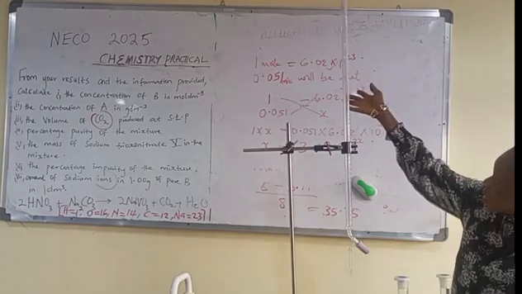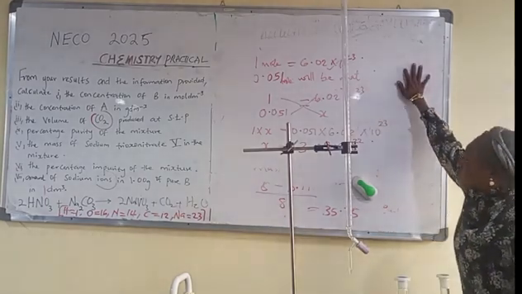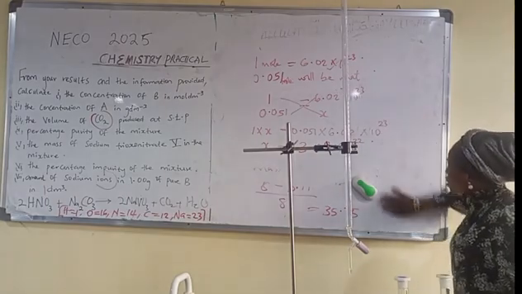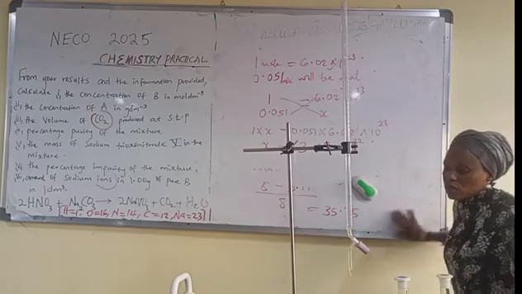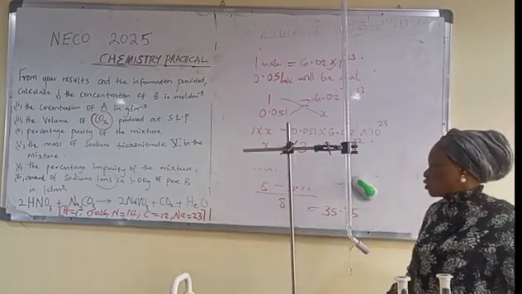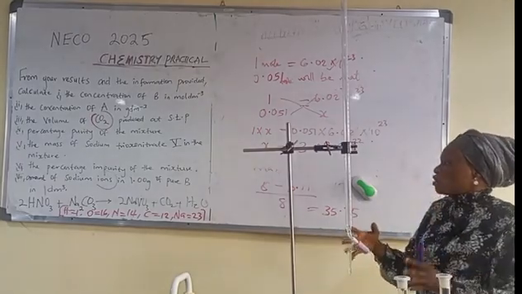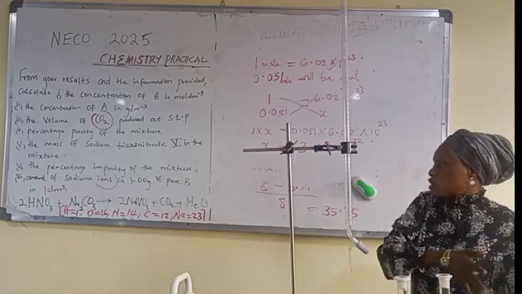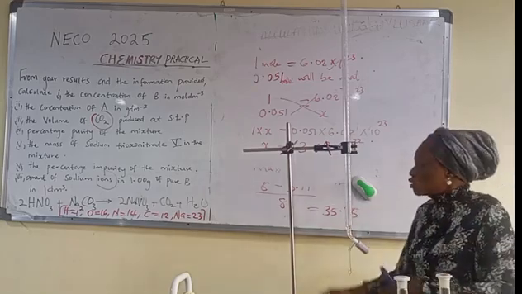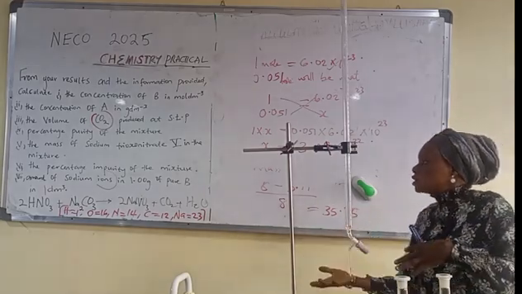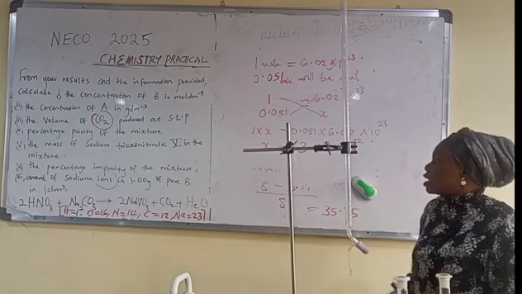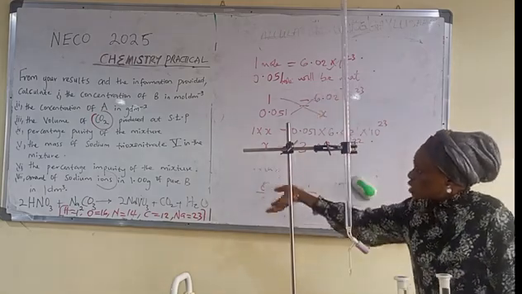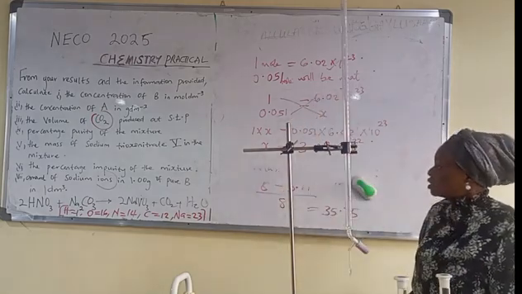This quantitative analysis is about calculations. You have a standard solution and an unknown solution, you titrate them, you get the amount using your VA, that is the volume of your acid. Then you start all the calculations and get the answers accordingly.